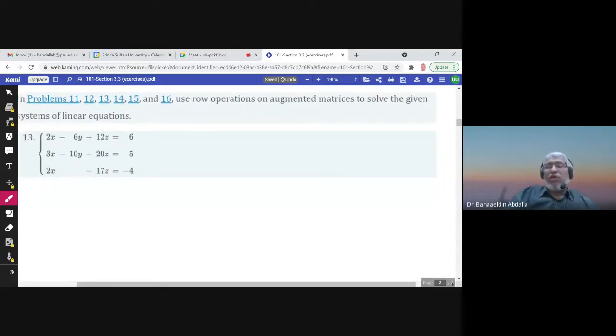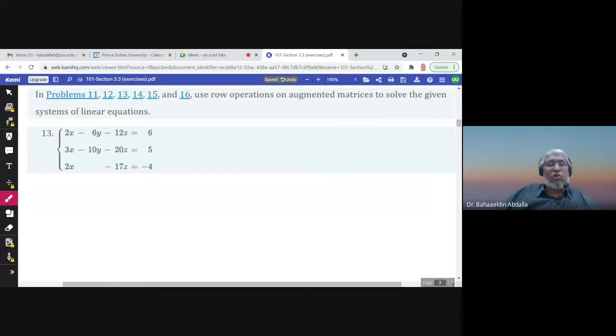Use row operations on augmented matrices to solve the given system. So let us find first the augmented matrix.